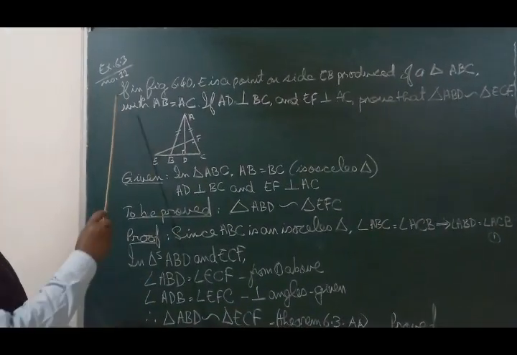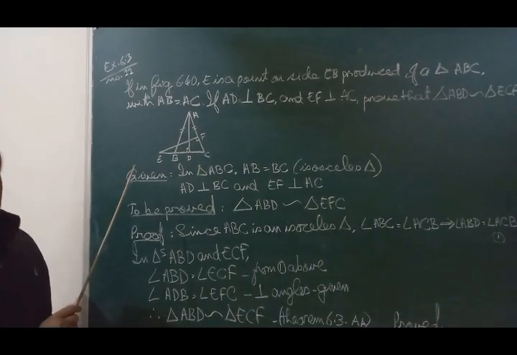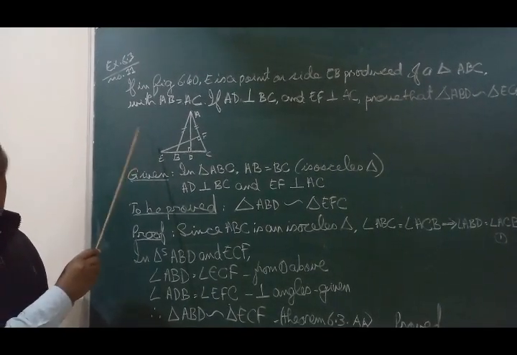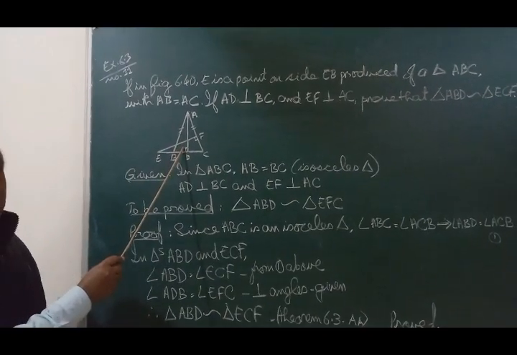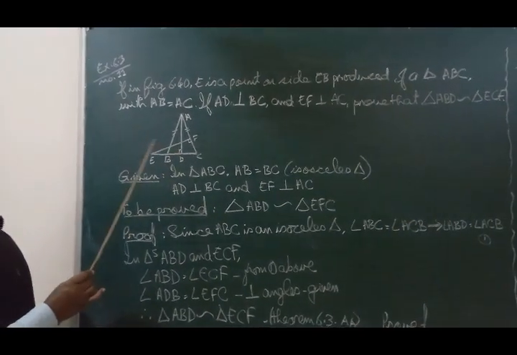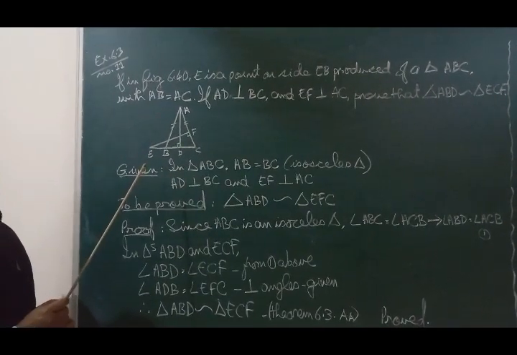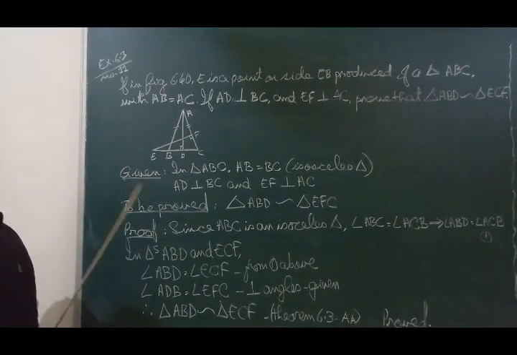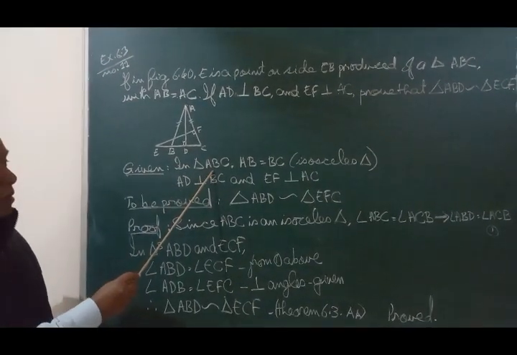So friends, we are now tackling question number 11. The same procedure. Read the question, understand the question and accordingly draw the figure. This is a little tricky question and you have to draw the figure very clearly, but follow the instructions. What are we given? Triangle ABC.